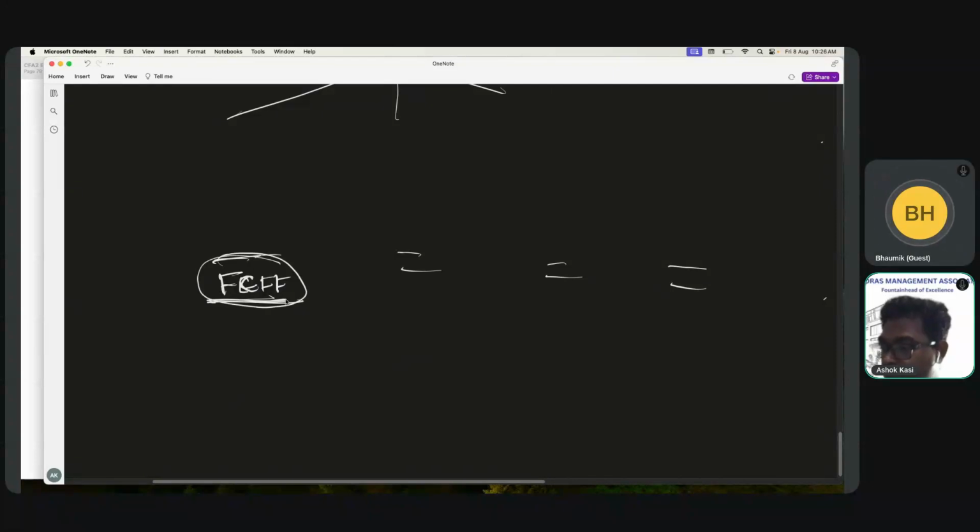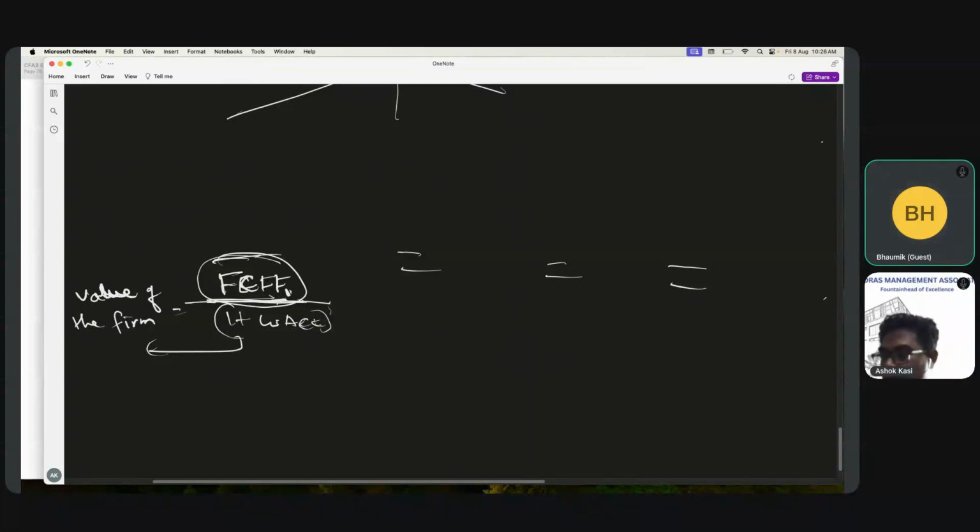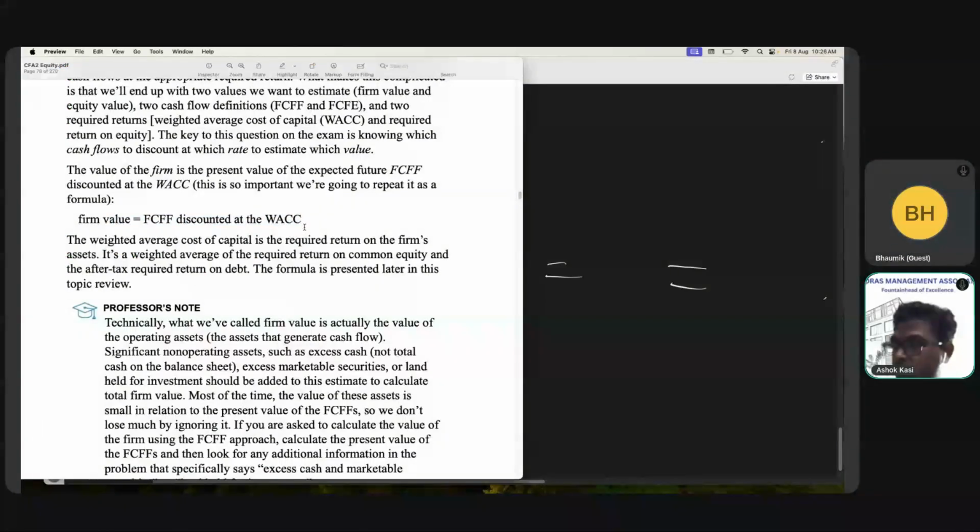If this is the expected free cash flow at time 1, then it will be discounted with WACC. This is how you find DCF. You will get the value of the firm. Okay, this is the formula. You can write this down.